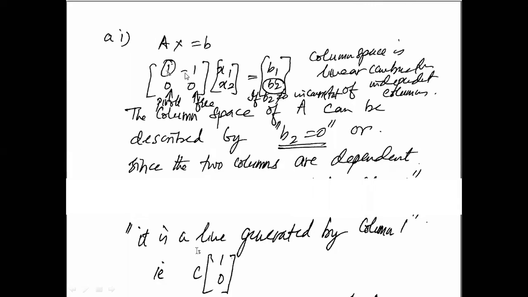And x will be x1 and x2, with b1 and b2 on the right. So the column space is basically the linear combination, and we need to see if they are independent or dependent.